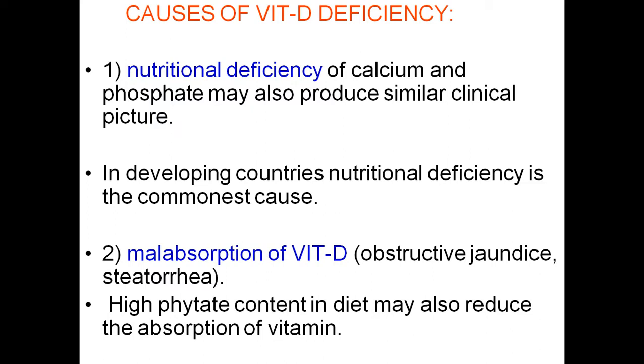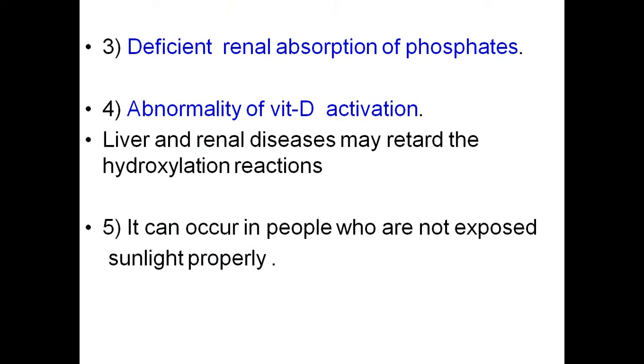High phytate content in the diet may also reduce the absorption of vitamin D. High phytate content means if you take a lot of leafy vegetables which are rich in phytate, then it may interfere with the absorption of vitamin D. As a result, malabsorption of vitamin D can take place, which causes vitamin D deficiency in the body.